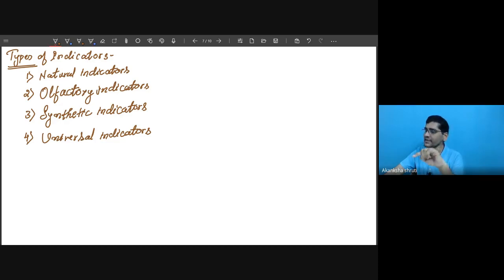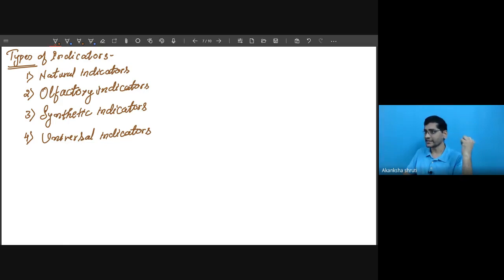Means red litmus cannot be used for identifying the acid, though it can be used for identifying the base. So red litmus cannot be a universal indicator. So universal indicators are those which can give the nature, whether acidic or basic, by the single indicator. So no two separate indicators are required for identifying acid and base. In addition to that, these universal indicators also give the strength of acid and base.